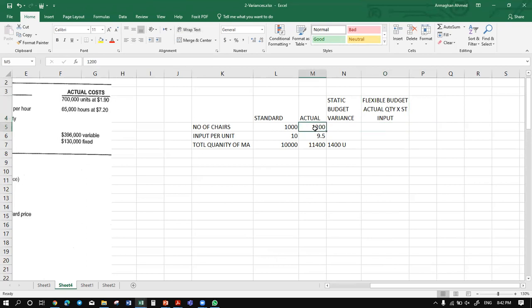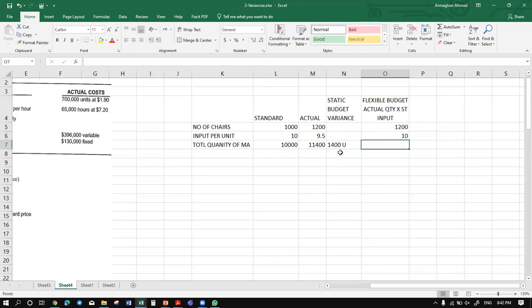So how much actual quantity do we have? 1200, right? And standard input is how much? 10. So we multiply by 10.